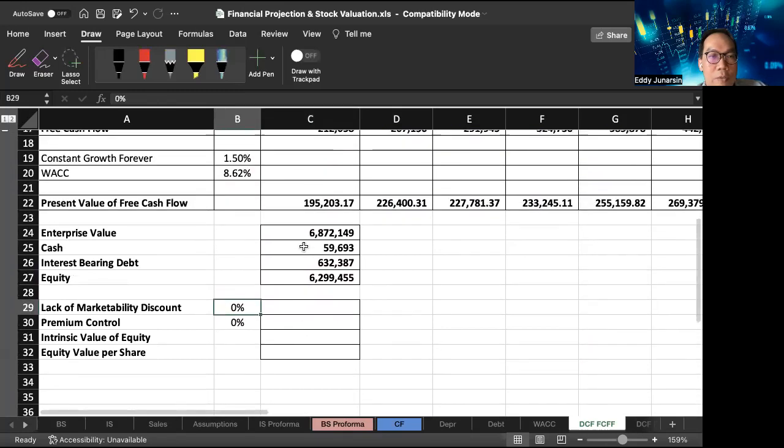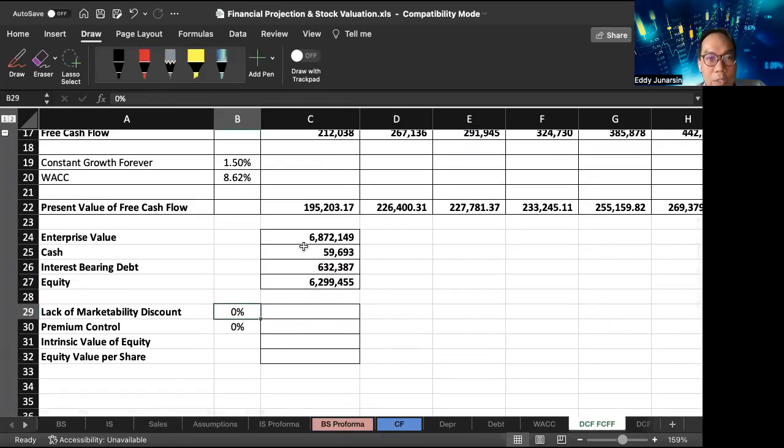If we give like a marketability discount, because you are thinking that the value of the project or the company is lowered by its marketability challenge, right? It's quite challenging to market the project or the company. Let's say you give 20% discount, and it would be 20% of this.